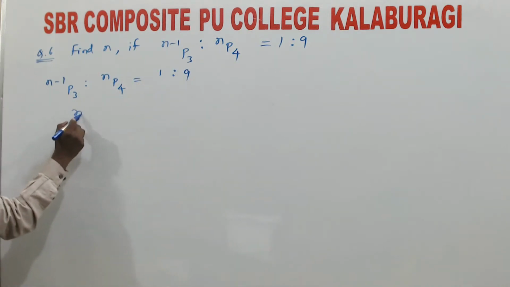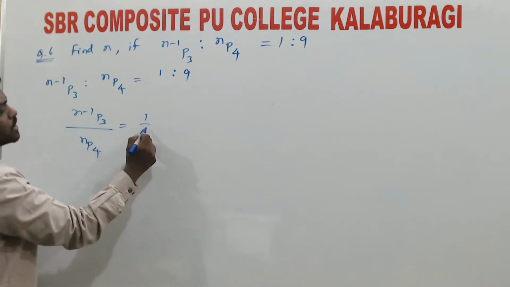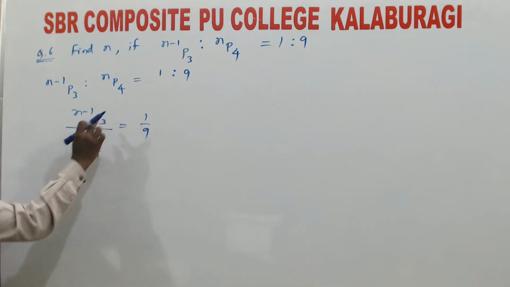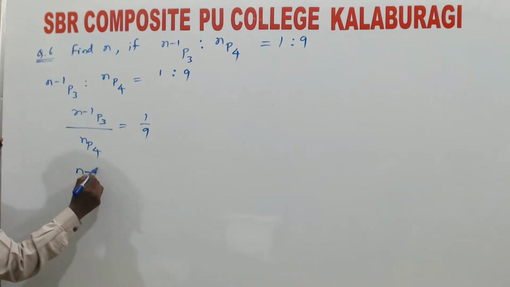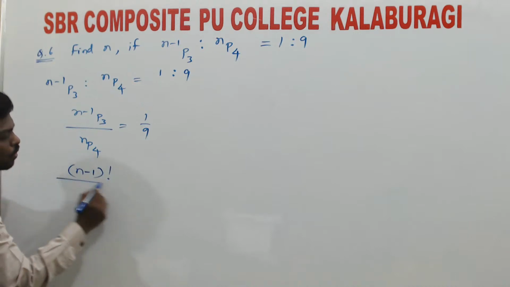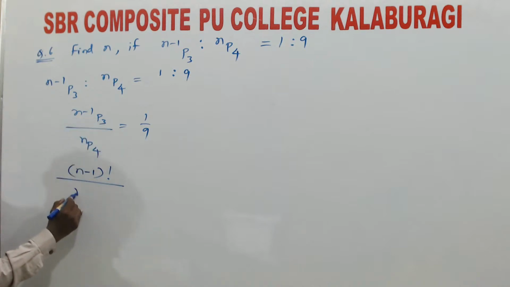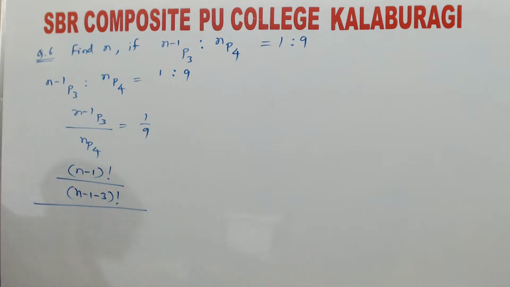So this is nothing but the ratio (n minus 1 P3) whole divided by n P4, which is equal to 1 by 9. Yes, students, so for n minus 1 P3, using the nPr formula, in place of n we have n minus 1, so (n minus 1) factorial whole divided by (n minus 1 minus 3) factorial, divided by n P4, which is n factorial by (n minus 4) factorial, which is equal to 1 by 9, students.